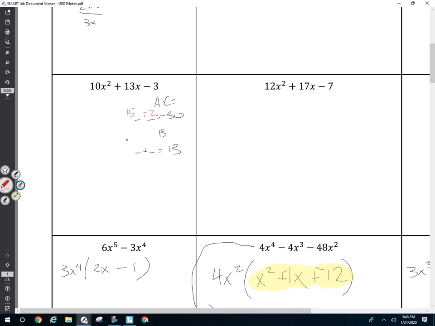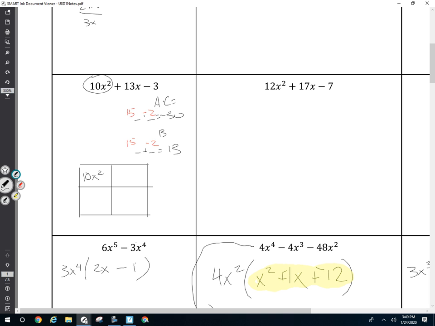Okay, ready? Let's create a box. That's a horrible line on the top. Create your 4 things, just like you did. Okay, this is important. You got 10x squared, keep it, 10x squared.